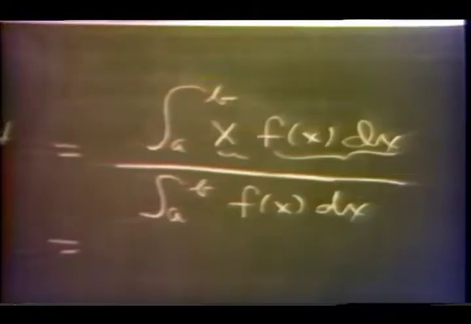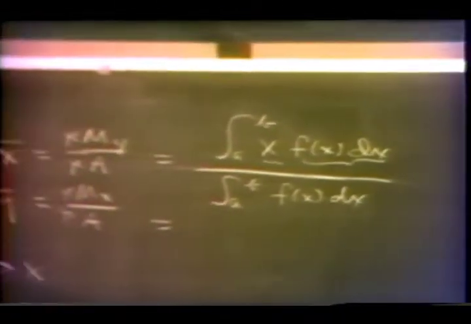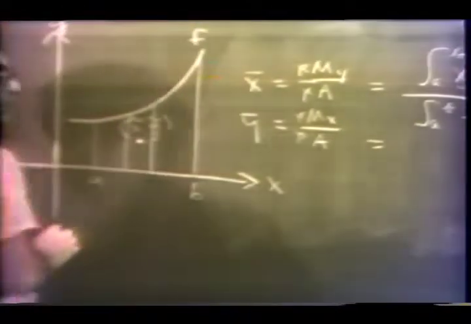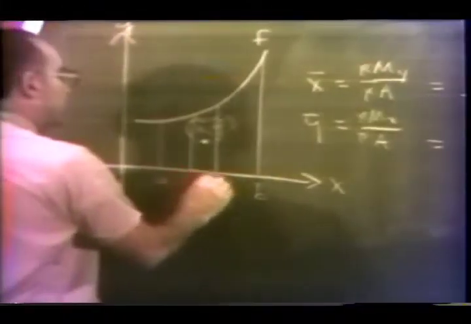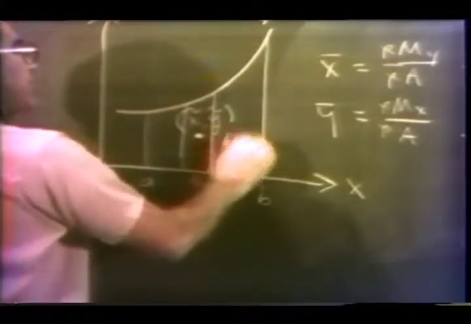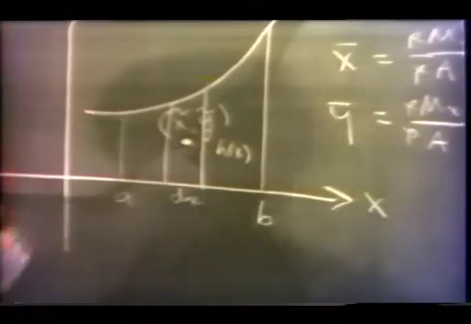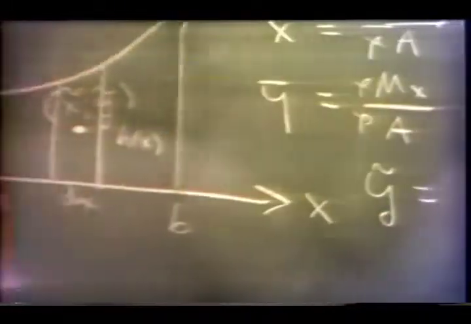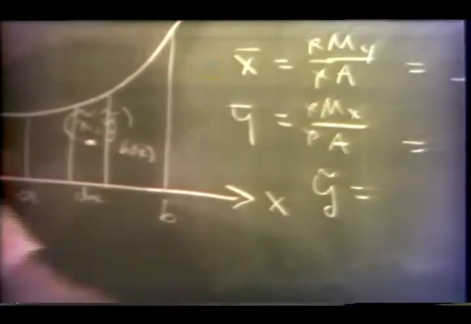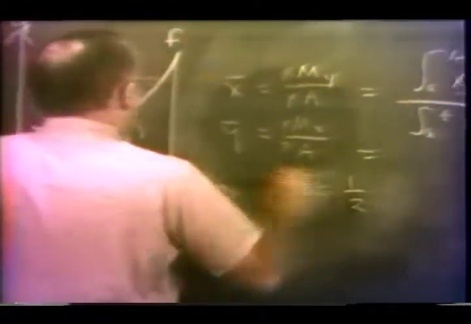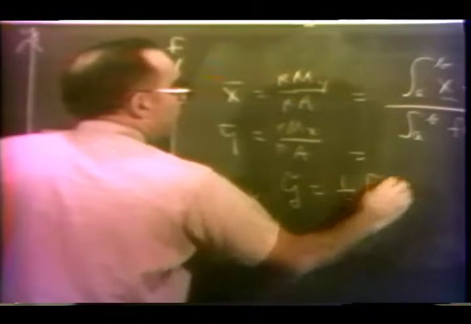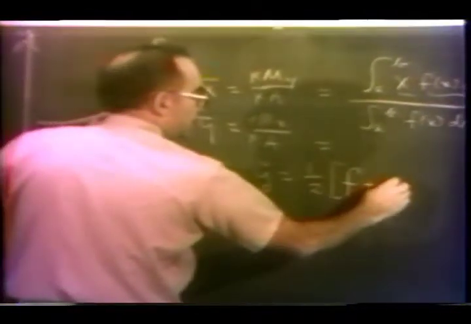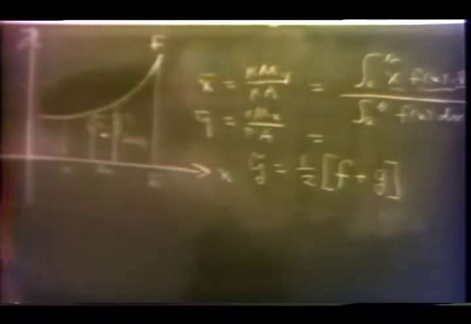Then what I wanted to do was to keep it all in terms of x. So we looked yesterday at the vertical strips. If you look at this area here, think of this as dx, and this is h of x. Then the y coordinate is 1/2 the upper curve plus the lower curve, which in this case would be the x-axis.